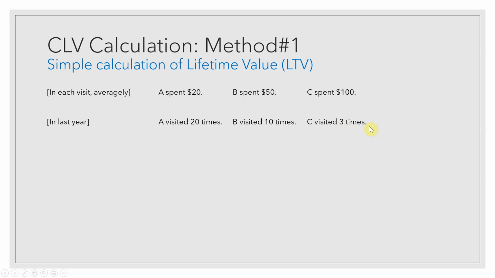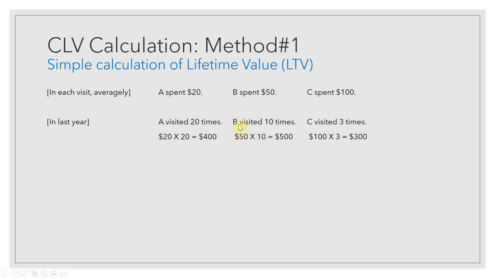Right? So with this information, we can calculate the amount of spending last year. A, when the person's average spending is $20 and he visited 20 times last year, so last year's total spending was $400.